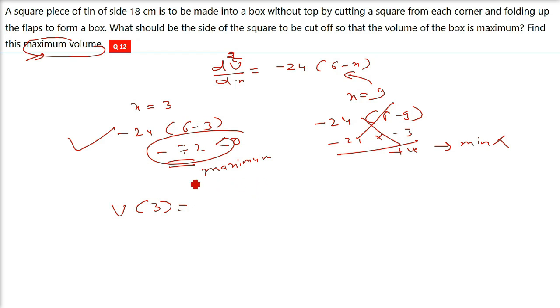Now the volume is again x into (18 minus 2x) whole square. With x equals 3, replace: 18 minus 6 whole square, so it will be 12 square into 3. 144 into 3 gives you 432 centimeter cube. Why cube? Because this is the volume, not the area. So this is the whole discussion.